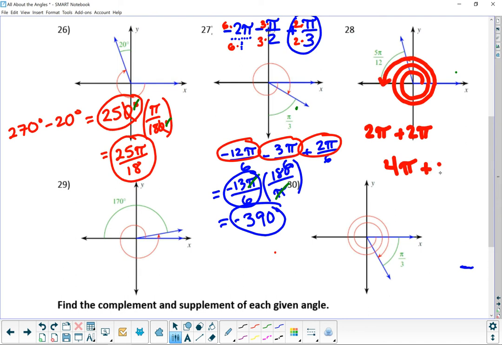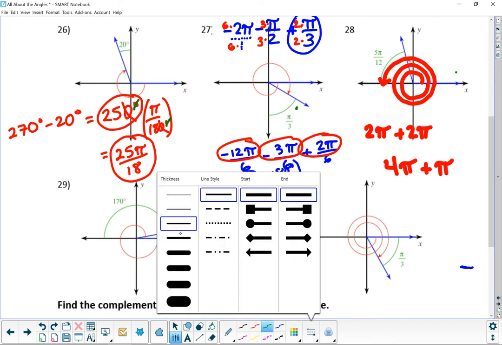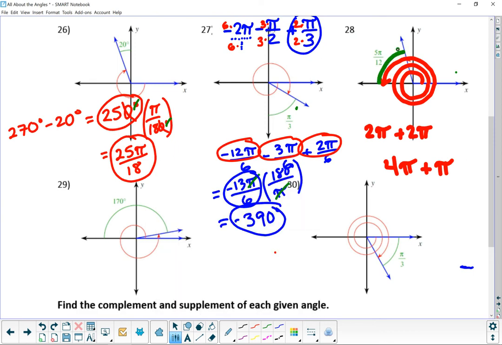So plus pi, and then I'm going to go backwards 5 pi over 12. And that's where I end up here. So if I go backwards 5 pi over 12, that means that I'm actually going to be subtracting. So I end up right there. So I'm going to subtract 5 pi over 12.